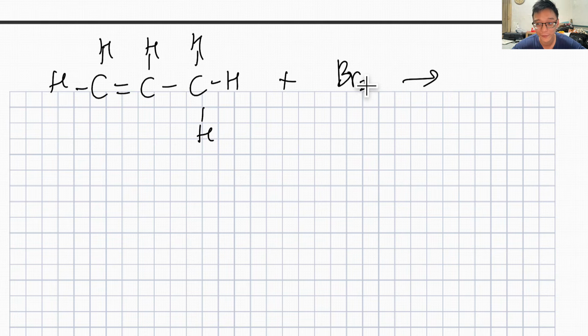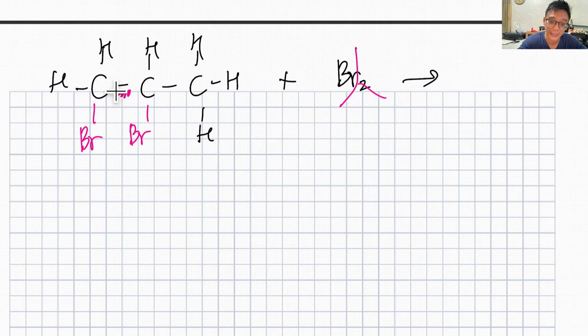It's already reactive enough. Br2 can already infiltrate this alkene. Okay? So Br2 will be broken. It will break the double bond, open the arms of carbon, and the Br will both enter the leftovers of the empty hands that is created from the disembowelment of this double bond.